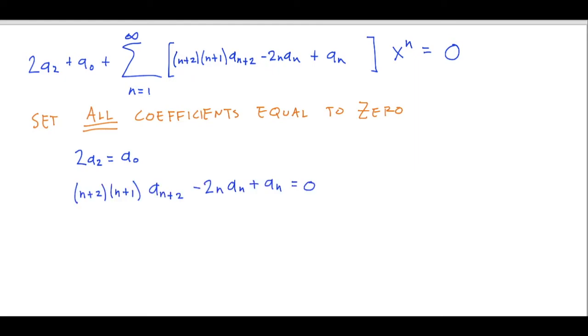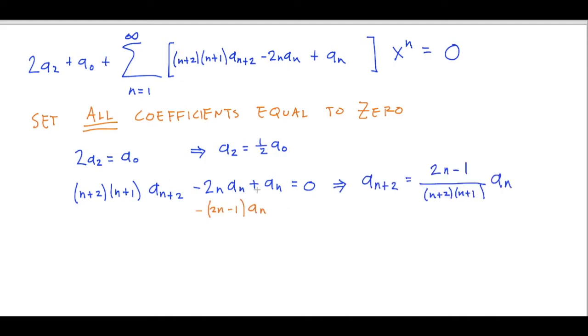From this first equation, I see that there's a specific relationship between the very first coefficient in my series and the a sub 2 coefficient in my series. And then this second equation gives me a relationship between the n plus 2 coefficient and the n coefficient. Let me rewrite this second equation.